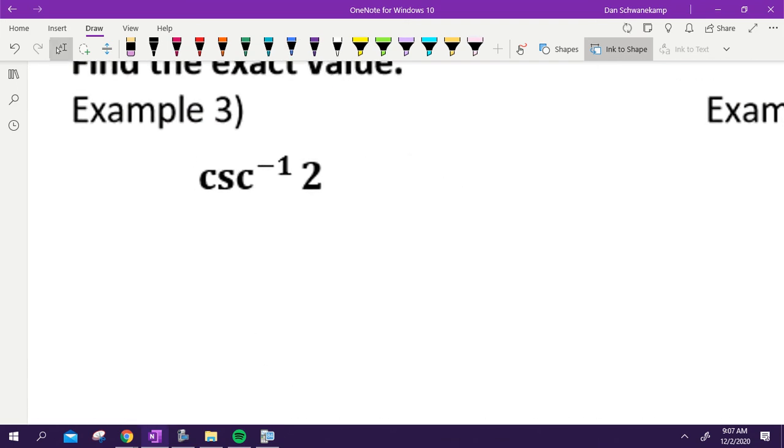Inverse cosecant of 2. This question right here, inverse cosecant of 2, is the exact same question as sine of what number is going to get me 1/2. That's what this is asking. So don't let this bother you. Inverse cosecant of 2, that is like saying, when is the y value going to be 1/2? When is sine going to get me 1/2?